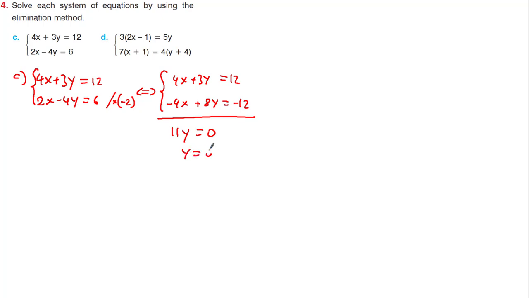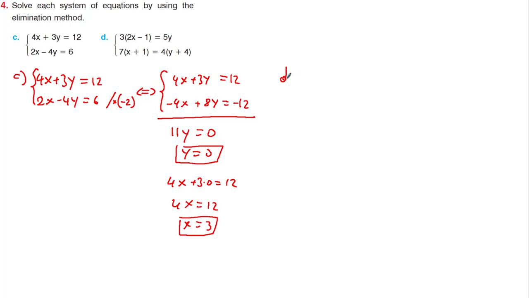So y is actually 0. If y is 0, you go back and substitute maybe on the first equation here. So we get 4x plus 3 times 0, it's 12. 4x is 12, x is 3. So this is the solution for the system under C.